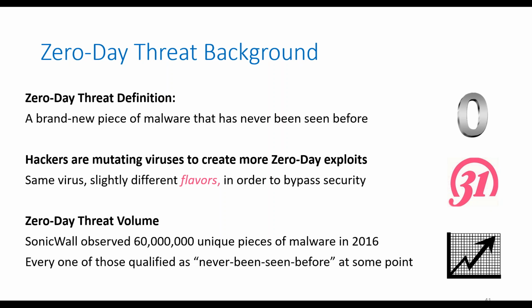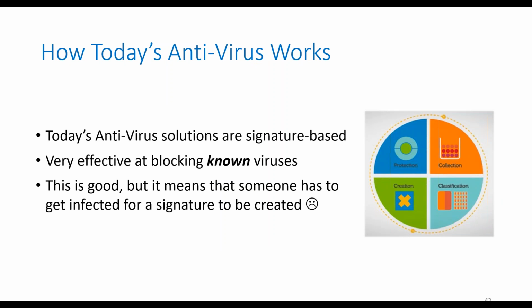So how does Capture ATP augment the gateway antivirus that we're already using today? Yeah, really great call out. The gateway antivirus is an incredibly effective solution. It's signature-based and extremely capable at blocking known viruses, to the tune of 7.9 billion attacks in 2016, actually. So this is great.